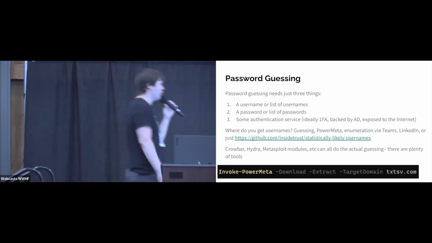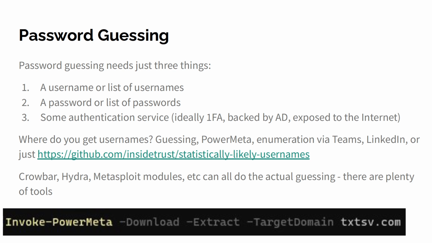If you want to find out for sure which one's in use, I mean, PowerMeta by the great Beau Bullock is great at it: provide a domain name, Google and Bing search for files at that domain, and look for the embedded username in PDFs, Word documents, Office, etc., and see what the username format is. For most penetration tests, I can find the username format pretty darn easily. Though for the record, I can waste 3 CPU cycles and guess invalid usernames just fine too. But it's nice to know authoritatively.